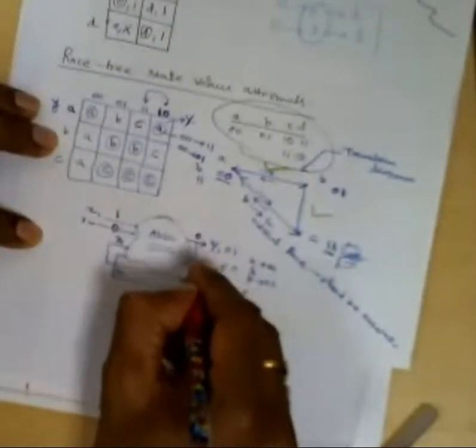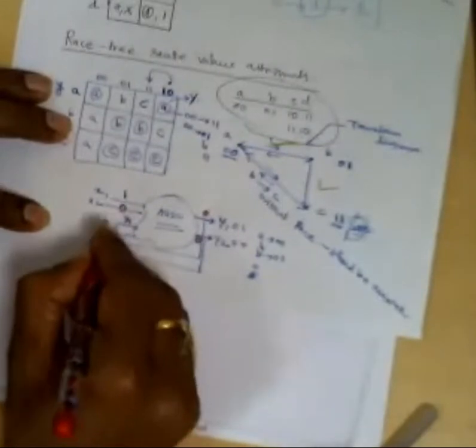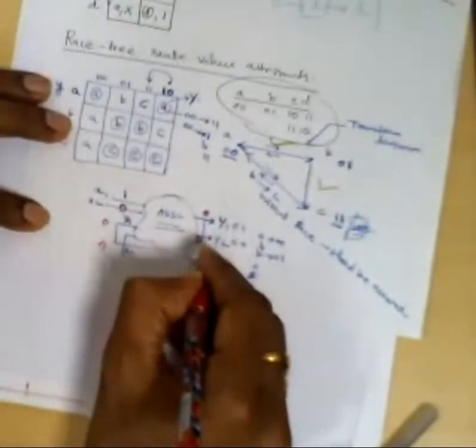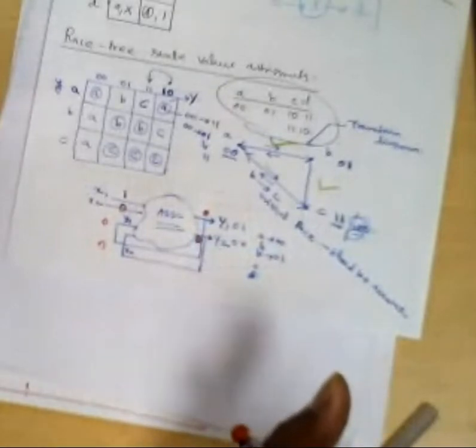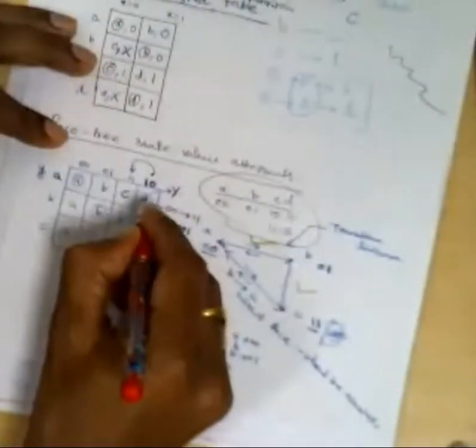So that 0, 0 is coming here. That 0, 0 again generates 0, 0. So circuit is in the stable state. This is clear, Mainak? Yes, sir. Okay. So circuit is in the stable state at this state now.